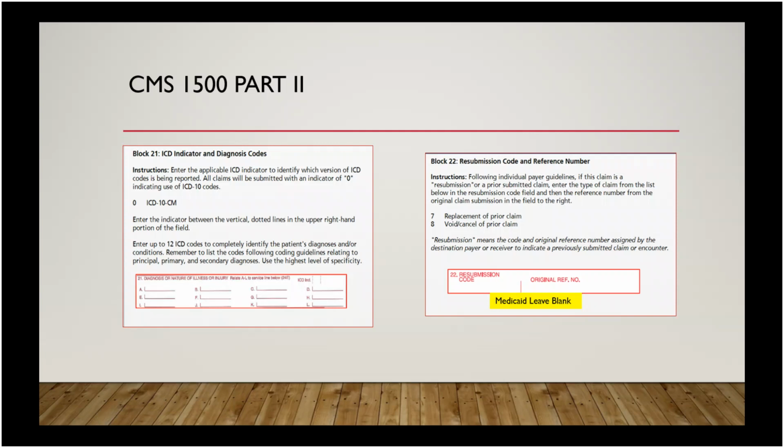You're either going to replace the prior claim, or you're going to void or cancel the prior claim to send a corrected form. Okay, then we're going to enter the 7 or 8 into the resubmission code, and then that claim ID number is going to go into the original reference number. If it's Medicaid, you don't need to fill it out.